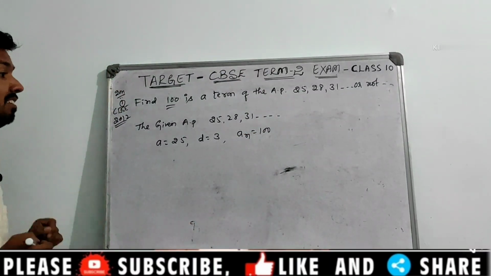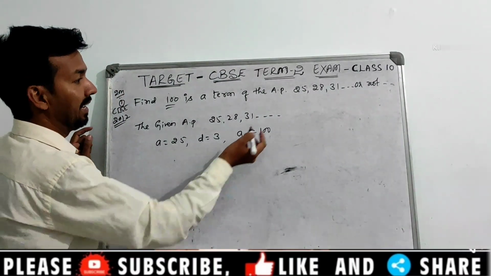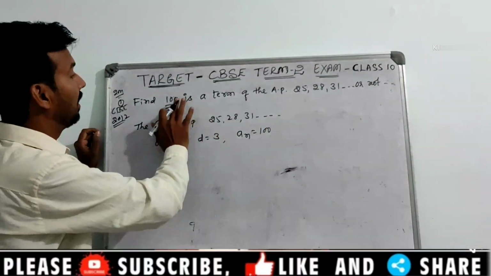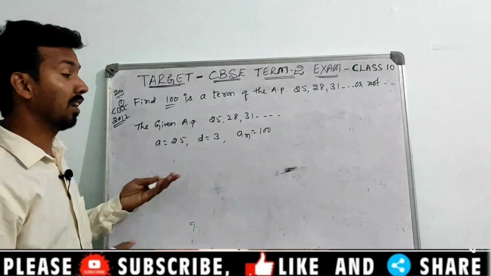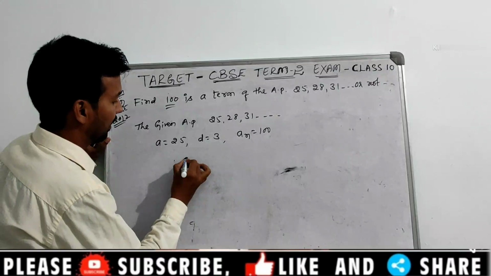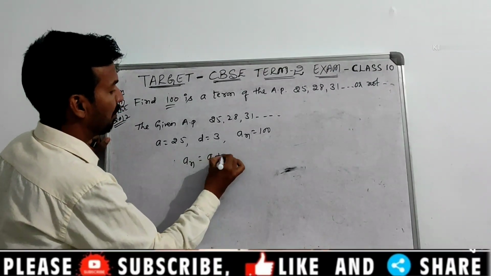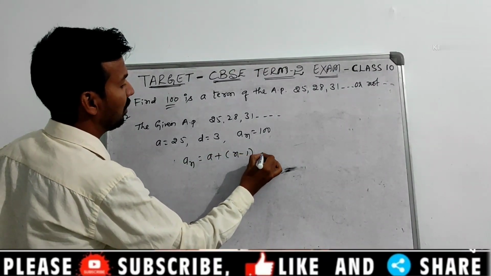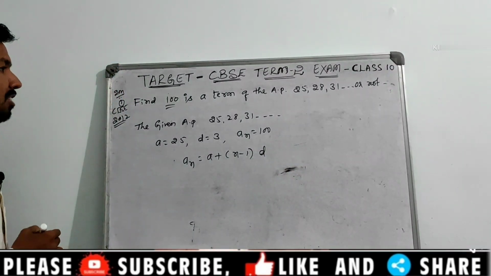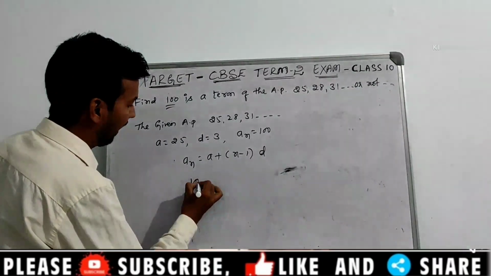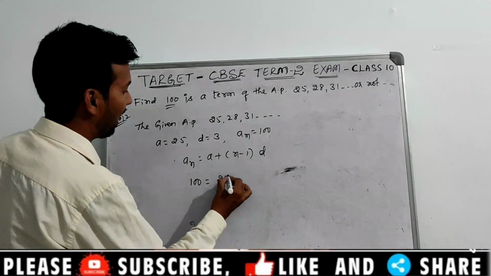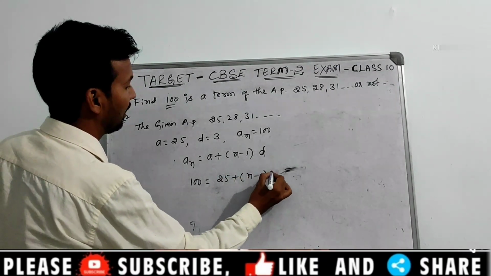Assume that, children, an is 100. So we need to find n. If n is a whole number, then 100 is a term of the AP. Otherwise, it is not a term. We check it. an is equal to a plus n minus 1 into d. So 100 equals 25 plus n minus 1 into d, which is 3.